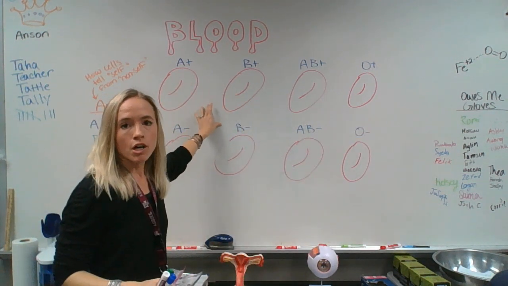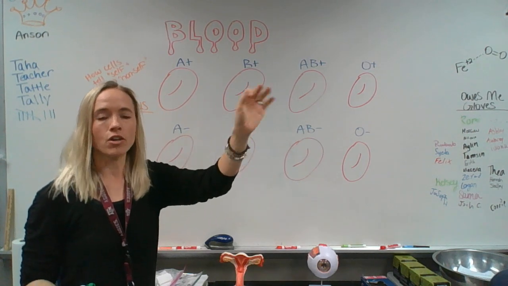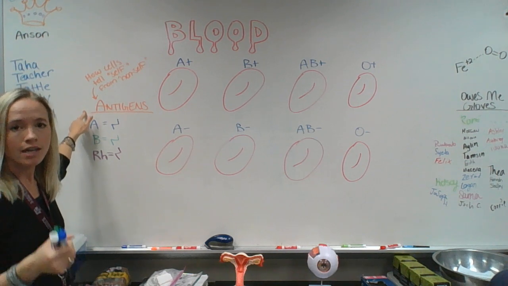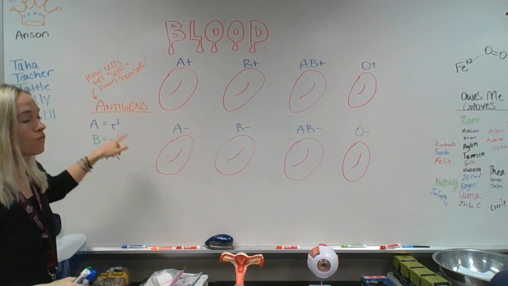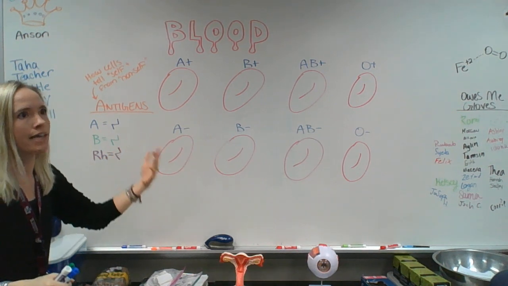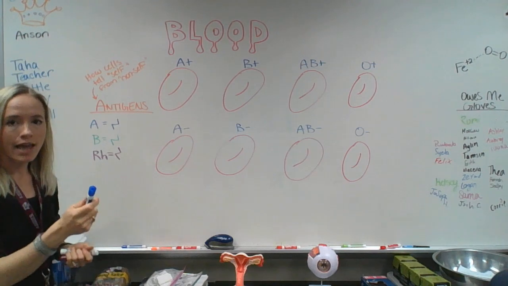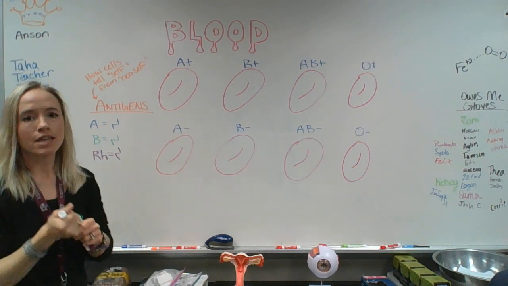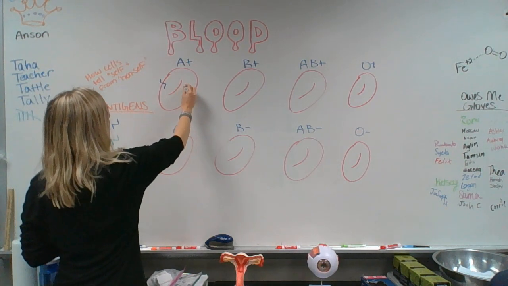Blood types are determined and named by the protein that sticks on their surface. That's called an antigen. An antigen is a protein that sticks off the surface of the red blood cell. And if you have it on the surface, that's the type you have. So, for example, A positive and A negative are going to have the A protein sticking on the surface of them, just like this.